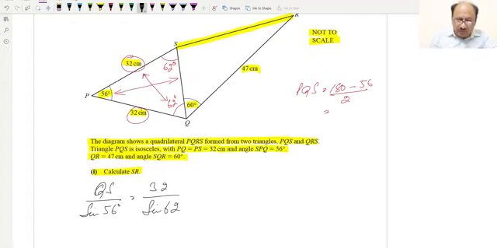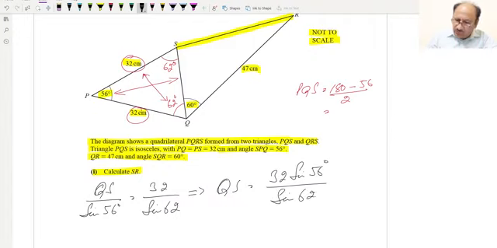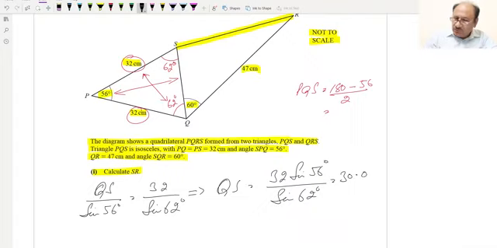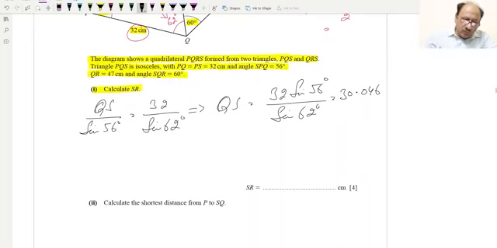So this implies QS is equal to 32 sine of 56 degrees divided by sine of 62 degrees. Your calculator should be in degree mode, so this gives 30.046. I'm taking 3 decimal places so that we get a more accurate answer.